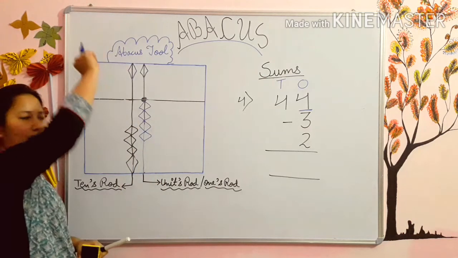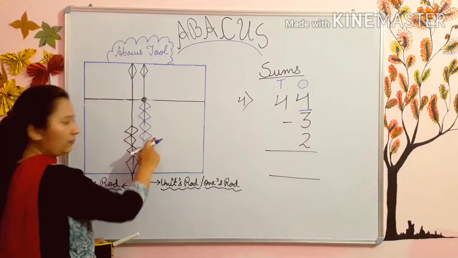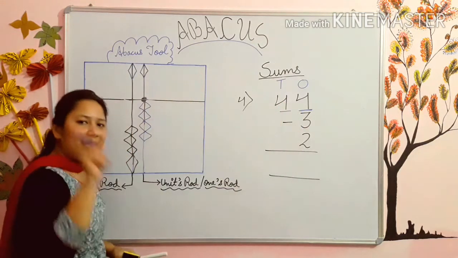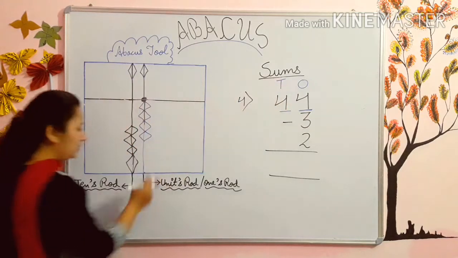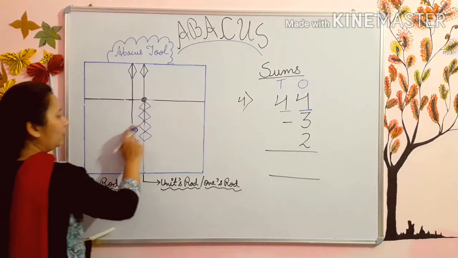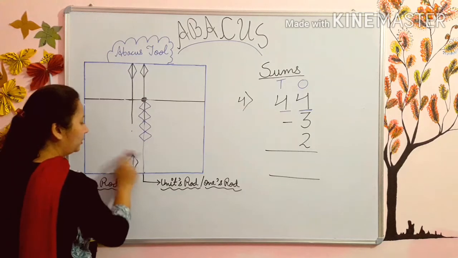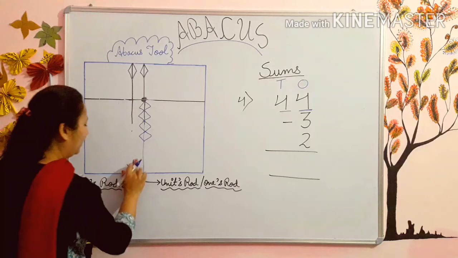Now 4 in tens rod. Tens rod means this rod. 4, no sign means add. This means you have to put the beads up.